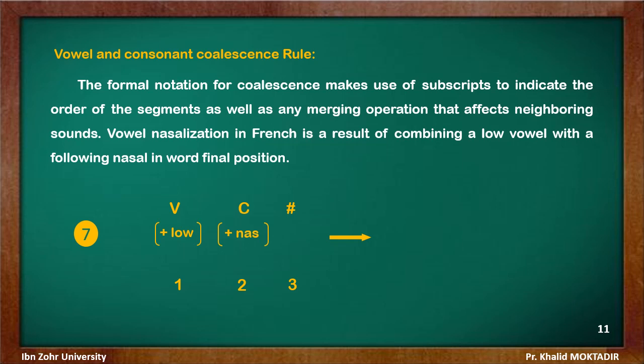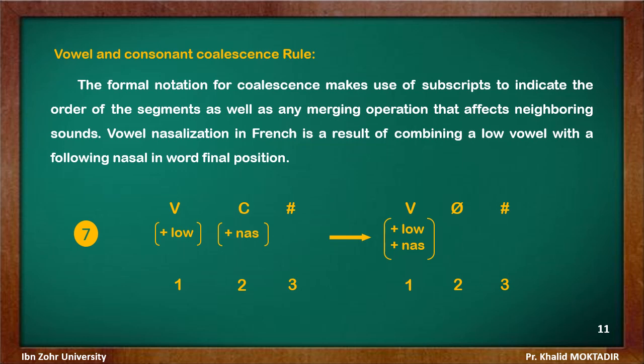Now, what happens is the low vowel and the nasal consonant will merge into one single segment, and this will give us the following results. The vowel becomes plus low plus nasal, and the nasal is dropped, and this happens in word final position.